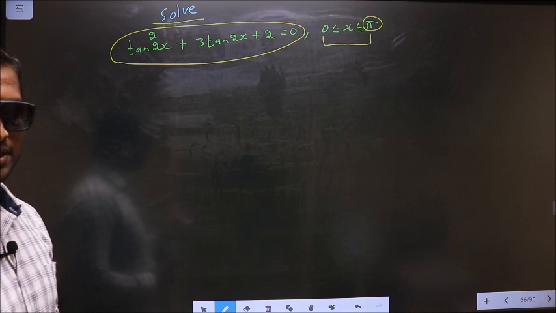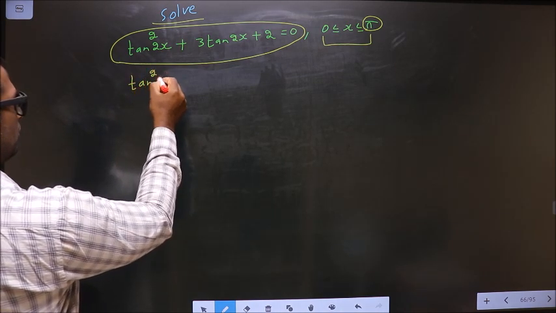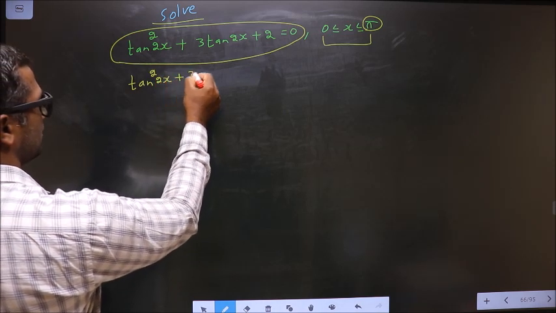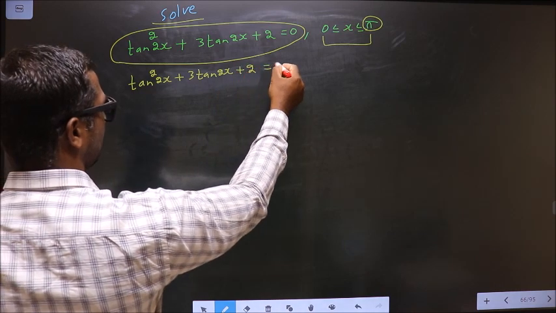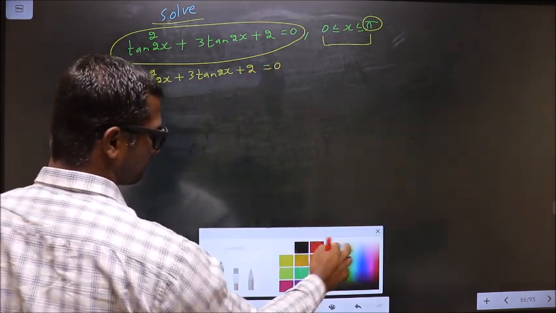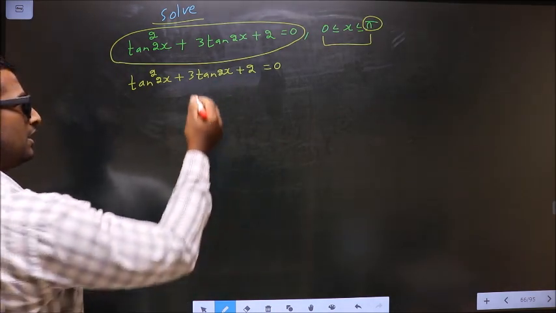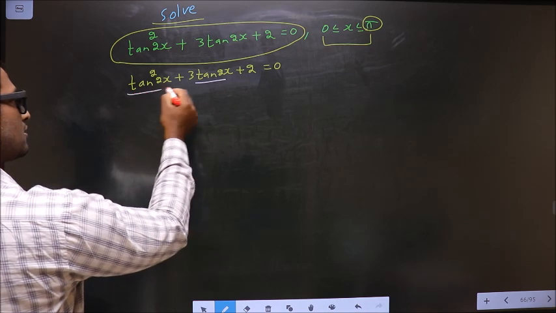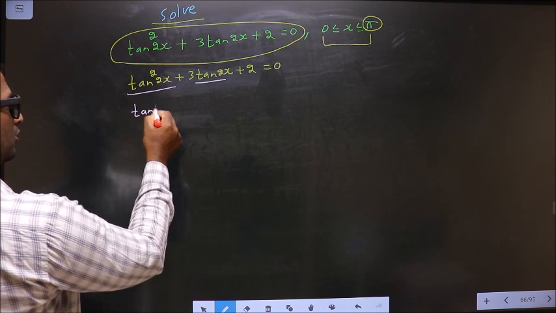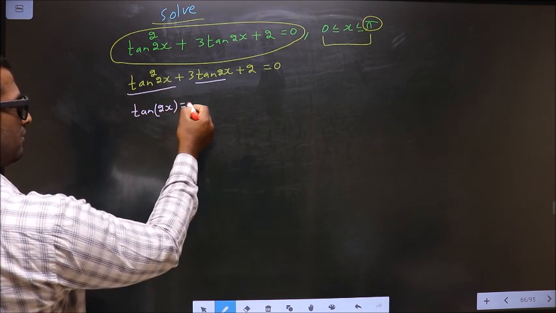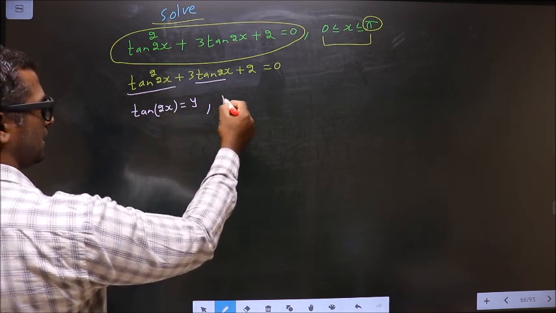Now the given equation is tan square 2x plus 3 tan 2x plus 2 equal to 0. In this equation, you have tan 2x and also tan square 2x. So what we do is, we take tan 2x to be some other letter, let us say y. Now you do the square on both sides.